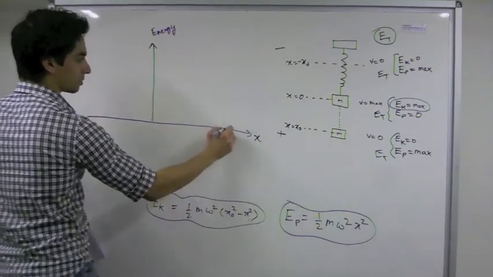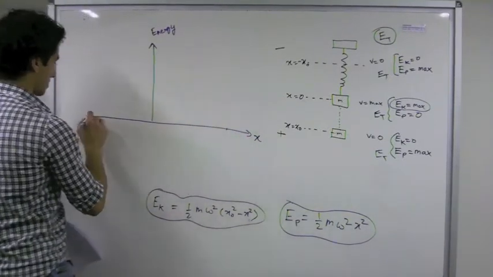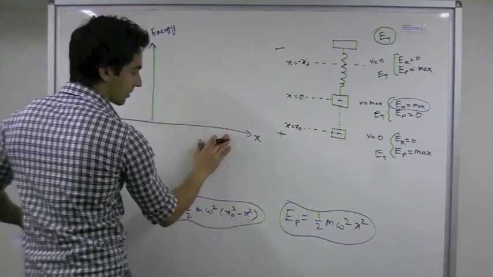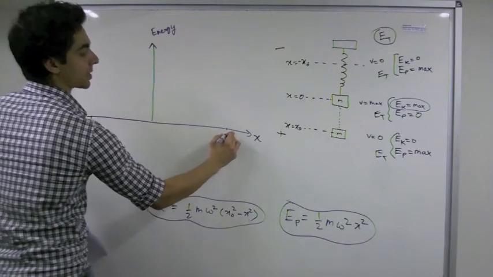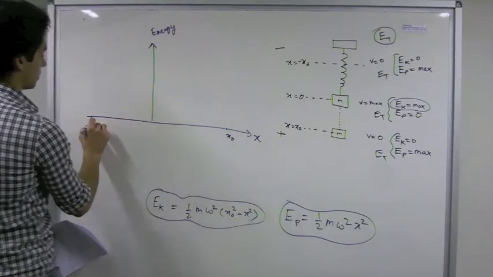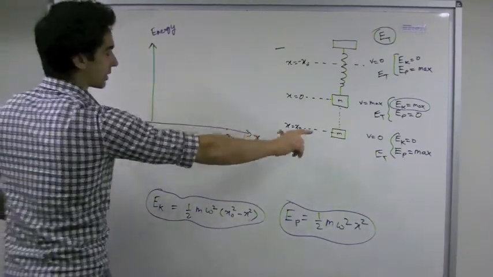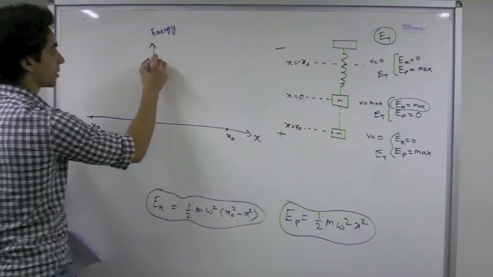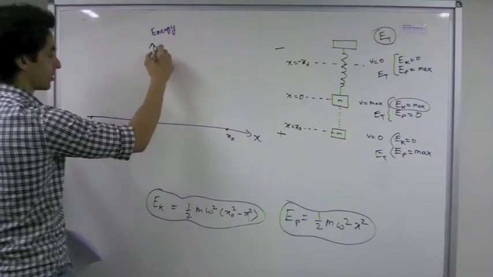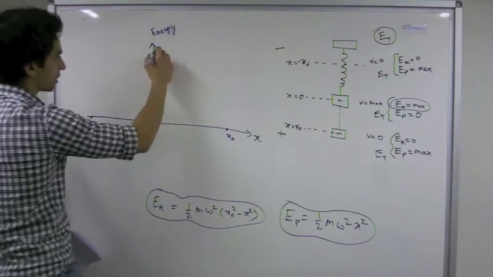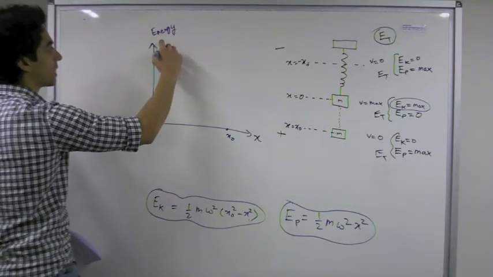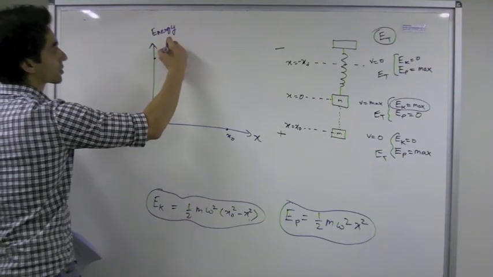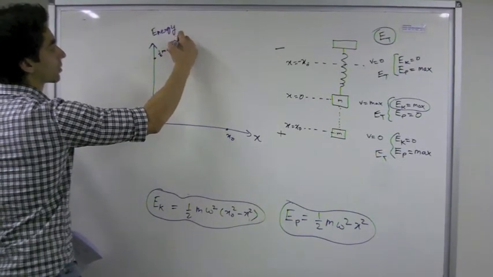So firstly, at the maximum displacement x naught and minus x naught, we know that the kinetic energy is 0, and at the equilibrium point the kinetic energy is maximum, which is going to be equal to the total energy, half m omega squared x naught squared.